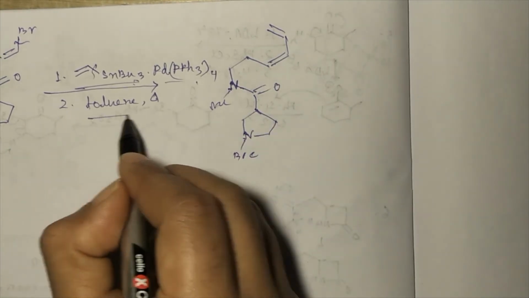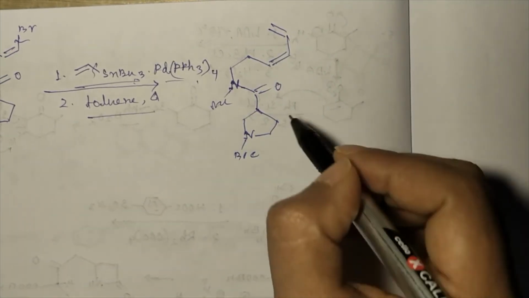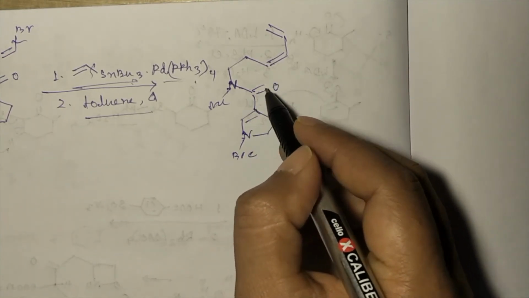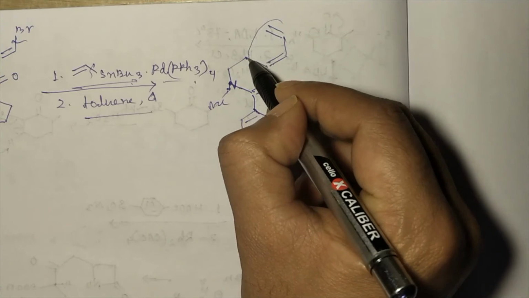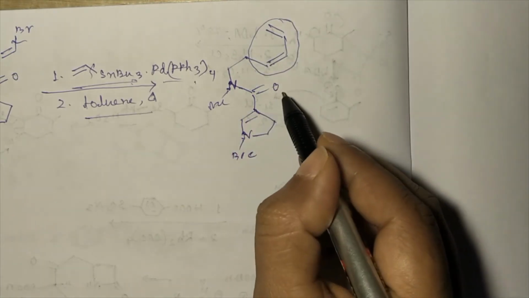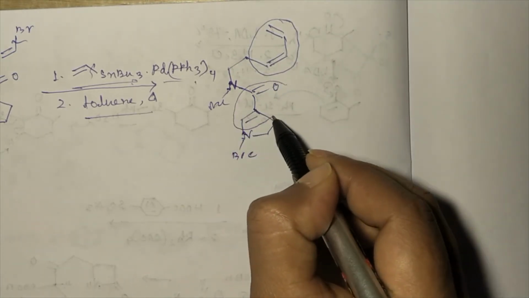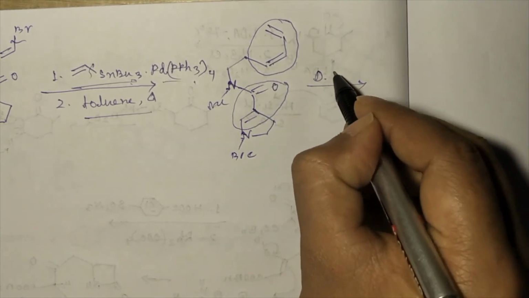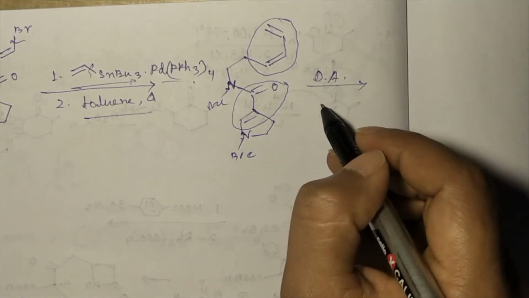Now if it is heated, then what will happen? Here, as you can see, this is a diene, and this is a dienophile. So what will happen? A Diels-Alder reaction will take place.